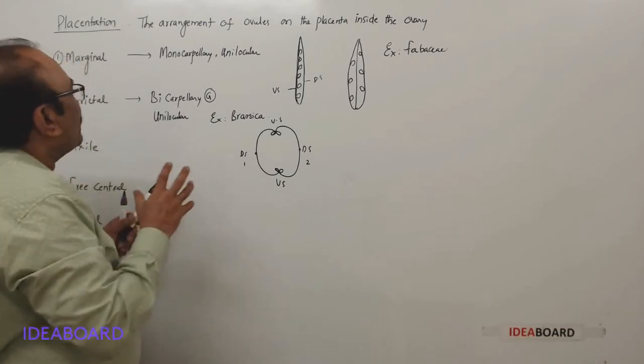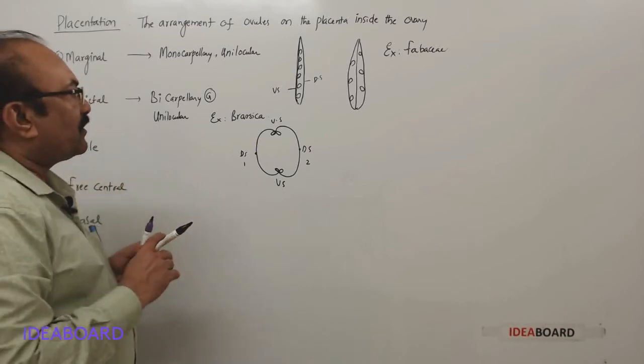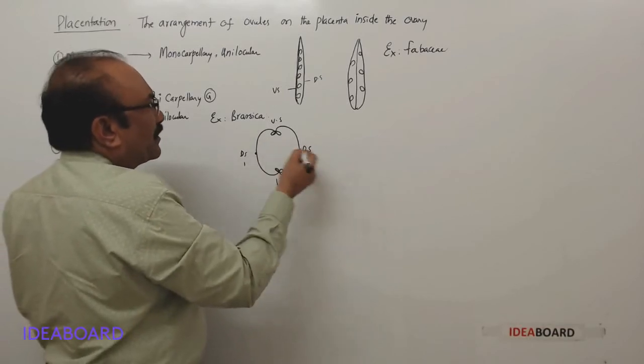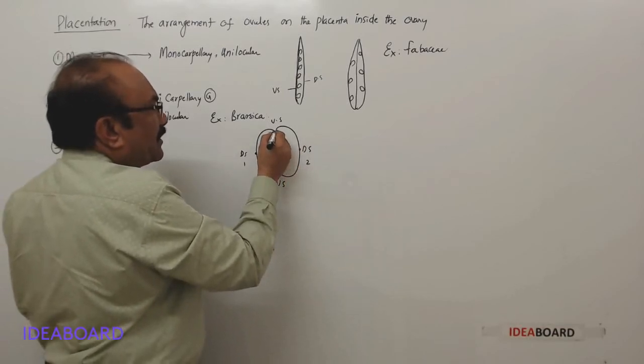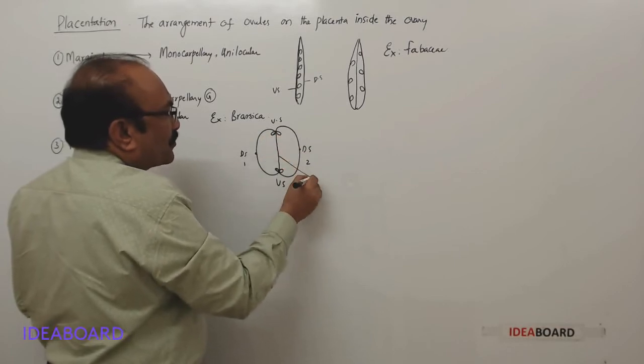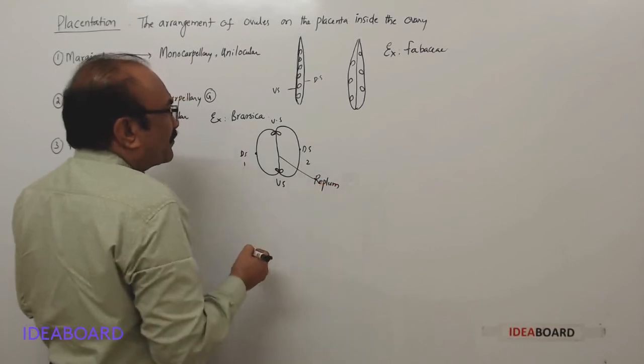It is called parietal placentation. Parietal itself means what? Wall. So parietal placentation. But I want to tell you one more thing. We discussed that point, and later a false wall develops, which is called what? Replum. That is false septum.